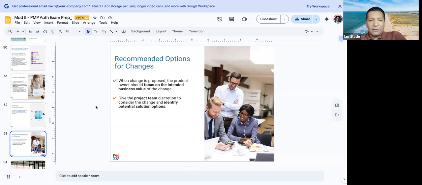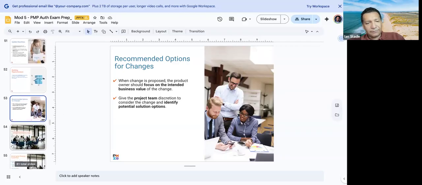That is our true north as we're looking at changes, every time someone asks, hey, what if we do this? So you always have to ask the question, what is the intended business value of that change? And how do we measure it? How do we capture that?